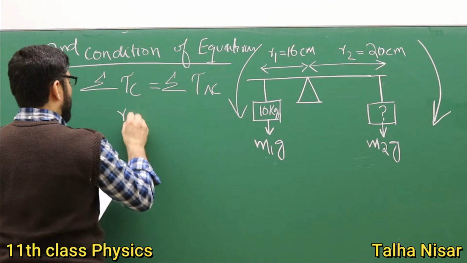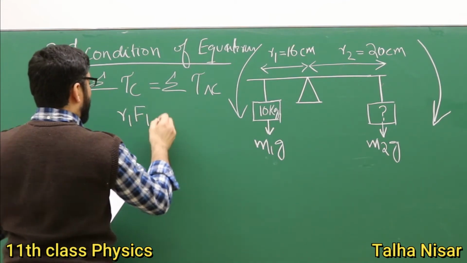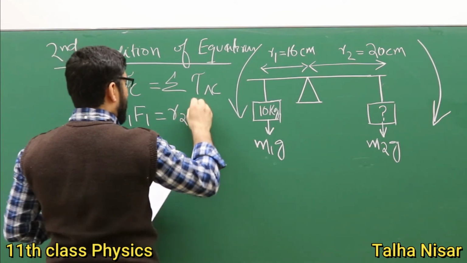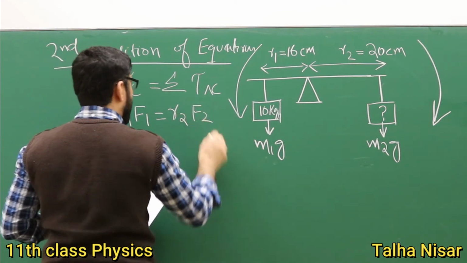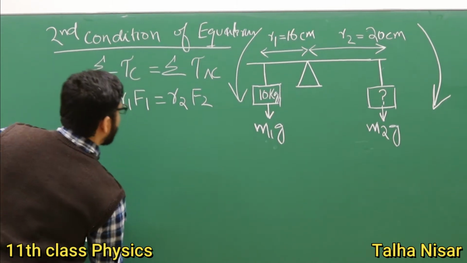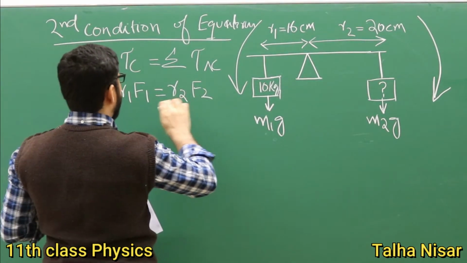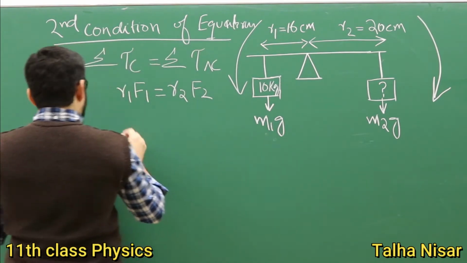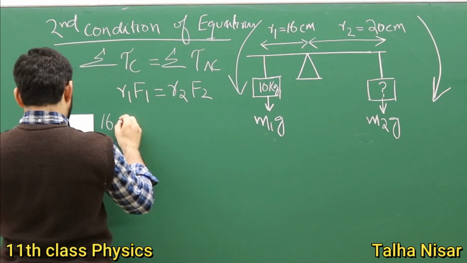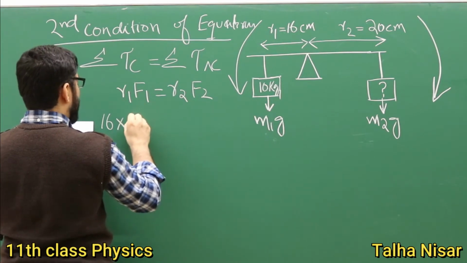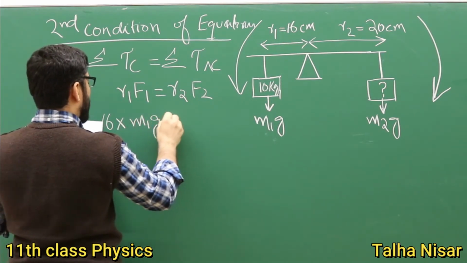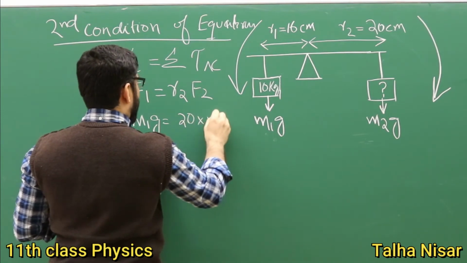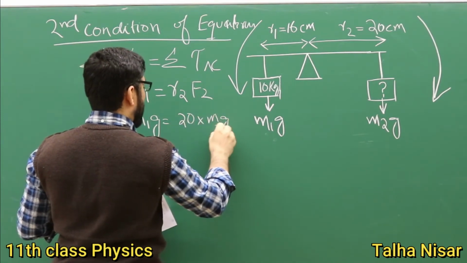So we have R1F1 equals R2F2. So what is the R1? And then we have the F1 here, and the F2 here. So we have 16 multiplied by m1g equals 20 multiplied by m2g.